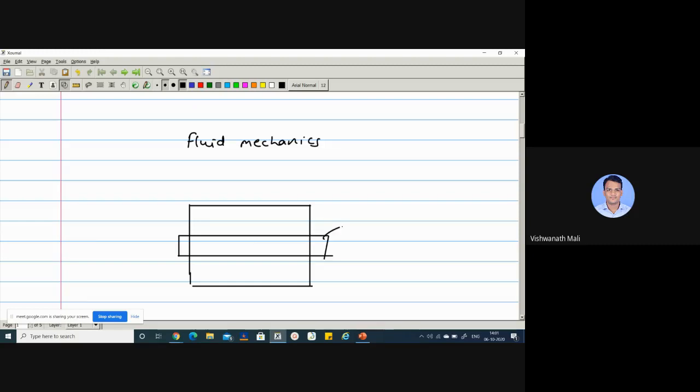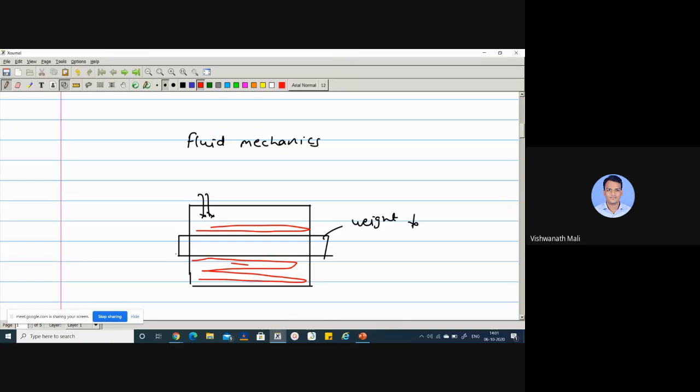Now we are baking this core. Due to that, its weight decreases. Now, when we pour the molten metal, it will start to fill.